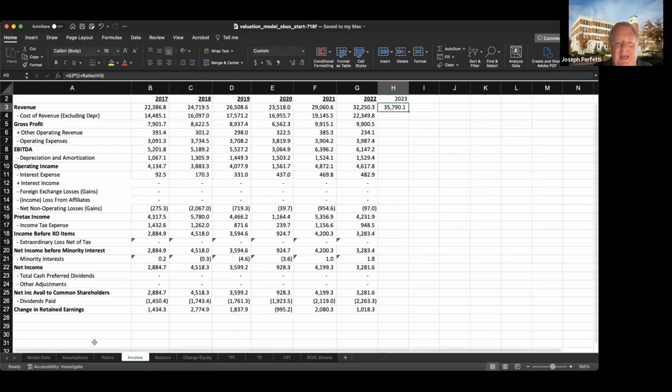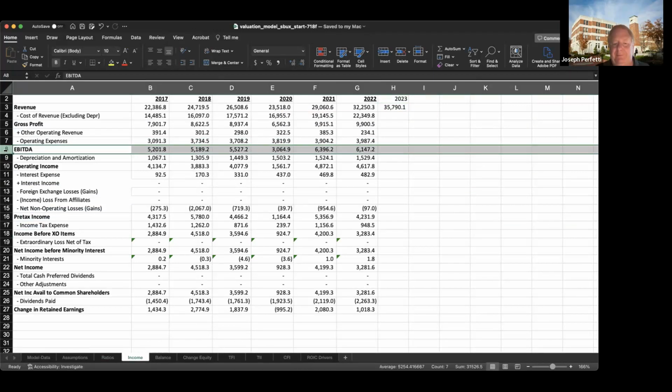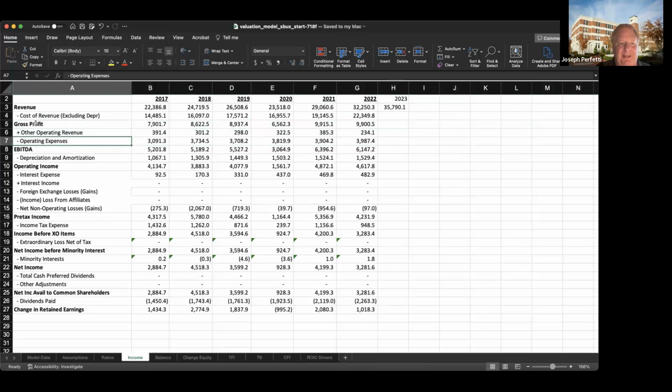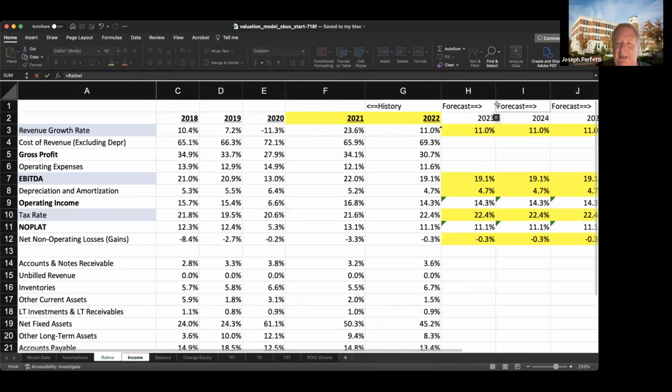So again, the number we're keying on is EBITDA. We're simplifying because rather than being granular about these other items above it, we're going to lead to just forecasting EBITDA directly, make our lives a little bit simple. So EBITDA in 2023 equals, from the ratios, EBITDA as a percentage of sales in 2023, which is cell H7.